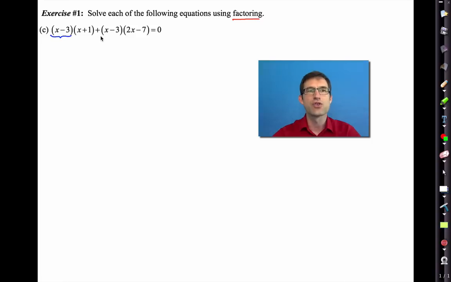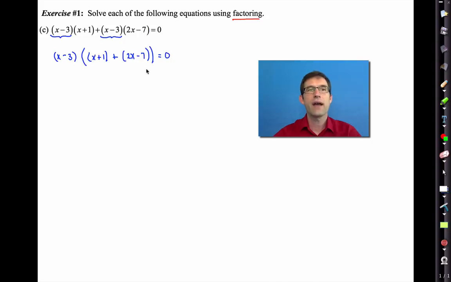And this expression on the left-hand side has a fairly complicated GCF, but at least it's fairly obvious as well. It's x minus 3. I can factor that out of both of these, right? And what happens? Well, I'm left with an x plus 1 and a 2x minus 7.